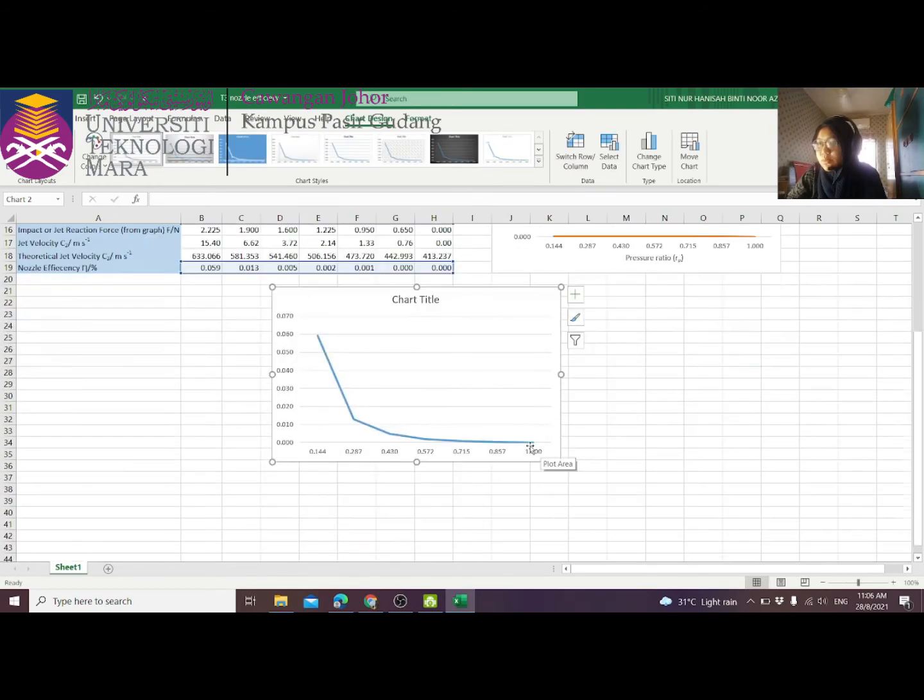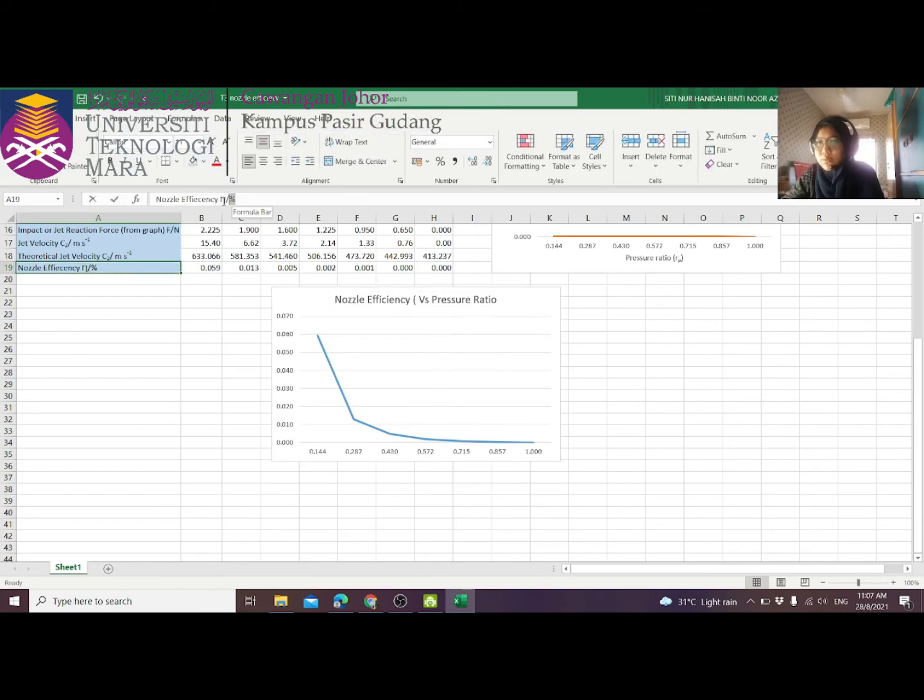Okay, and then this title should be nozzle efficiency versus pressure ratio. And I should copy it from here. So pressure ratio, which is RP, and as usual, B is subscript.